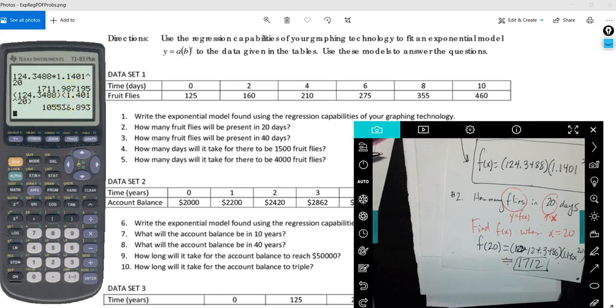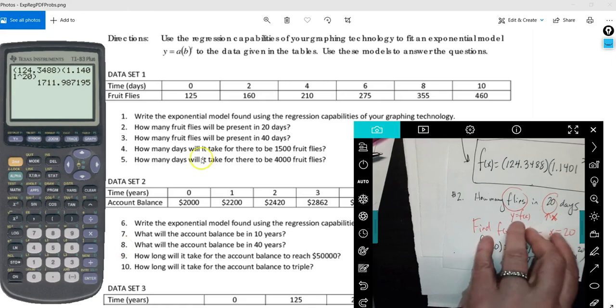Now, see how something that small of a mistake radically changes the answer. So let's try this again. And like I said, I'm doing this with a mouse, not my fingers, so I think I clicked the 1, but it didn't click enough. So 1712. All right.